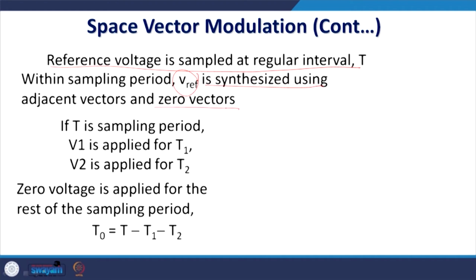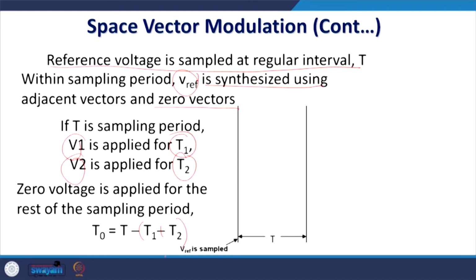If T is the sampling period, V1 is applied for the time T1 and V2 is applied for the time T2, and zero voltage is applied, as I told you, for the rest of the sampling period. So, we have to see the timing diagram of this.